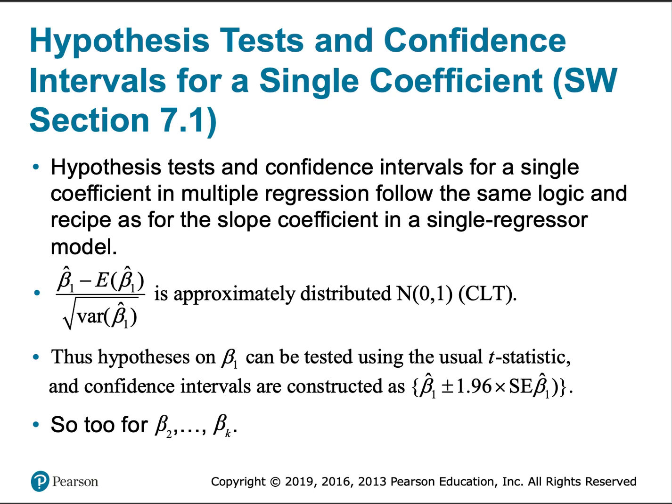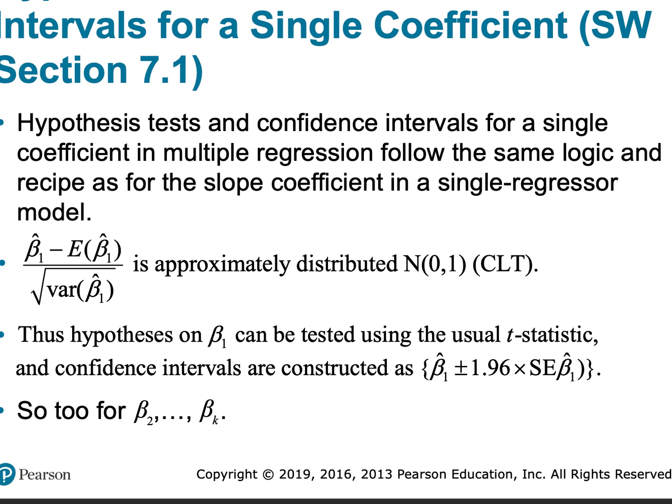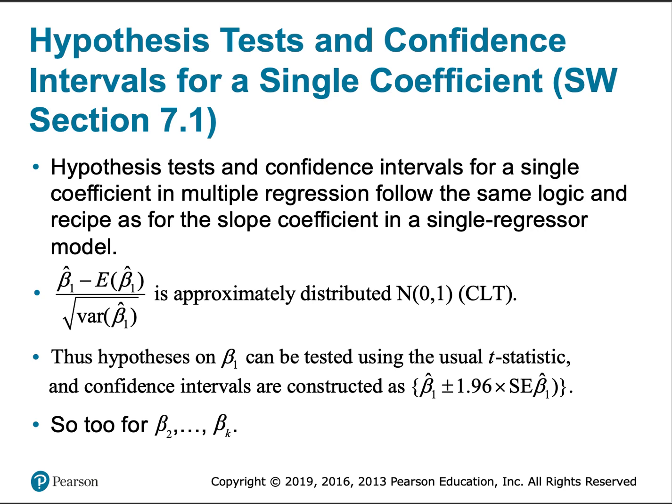You can see here in the first point that our test statistic, beta 1 hat minus expected value of beta 1 hat over the standard error, is approximately distributed normal with a mean of 0 and variance of 1. So we have a standard normal distribution.